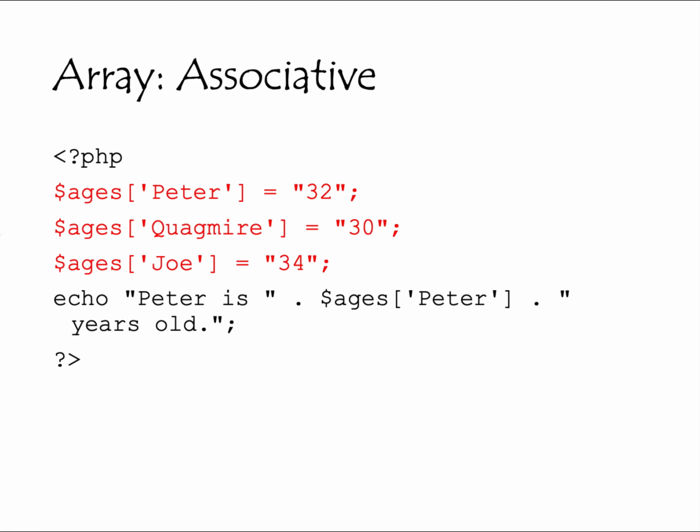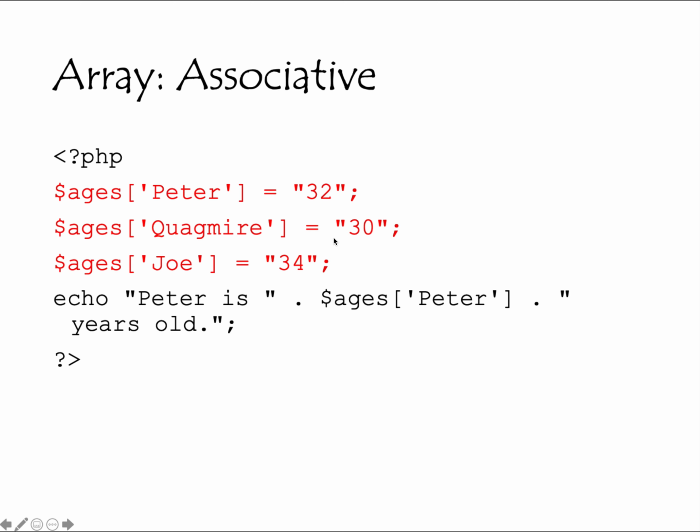In the previous example, we used 0, 1, 2, but here with single quotes, we give a meaningful name. Let's say Peter is the index. The index is a kind of key. Using this key, what value do we want to store? 32 is stored in this ages variable. Quagmire is the new index, and then you store 30 in this ages array variable. Similarly, for Joe, 34 is saved in the ages array variable.